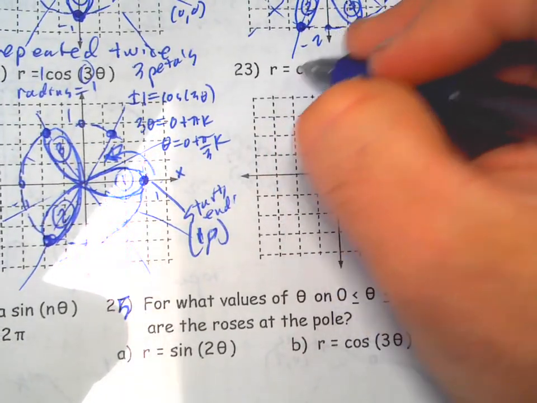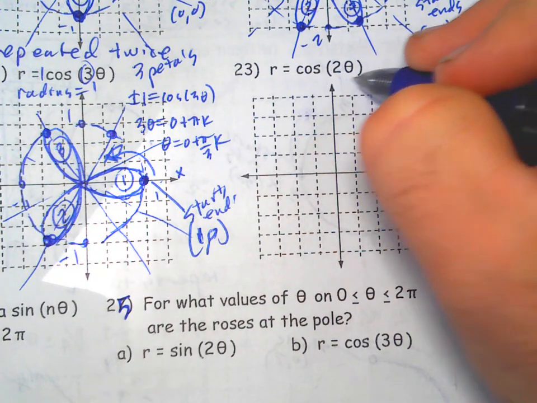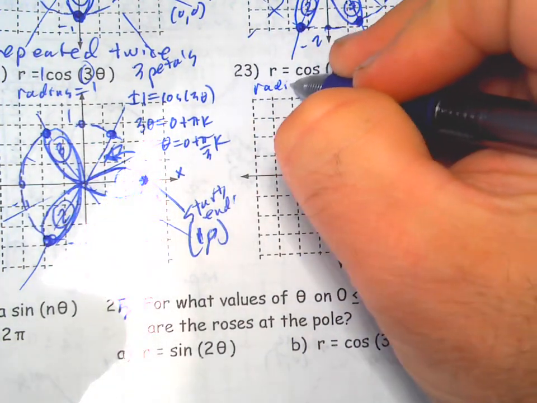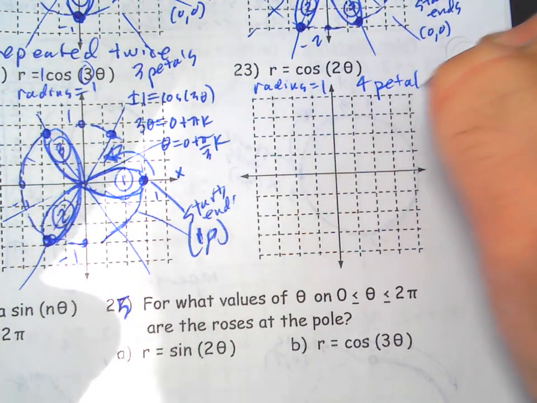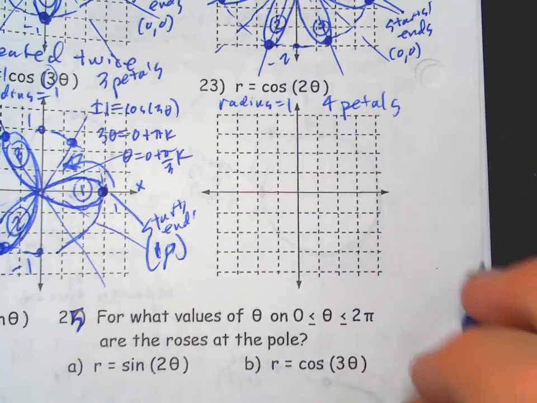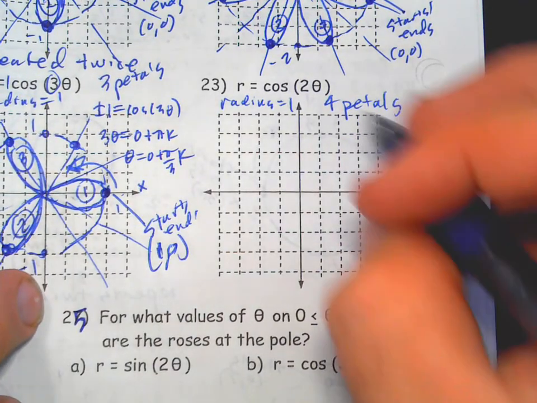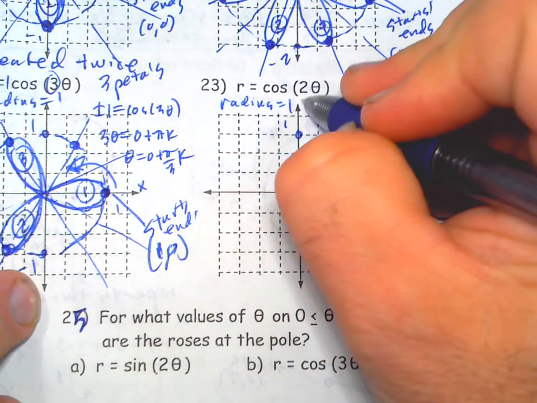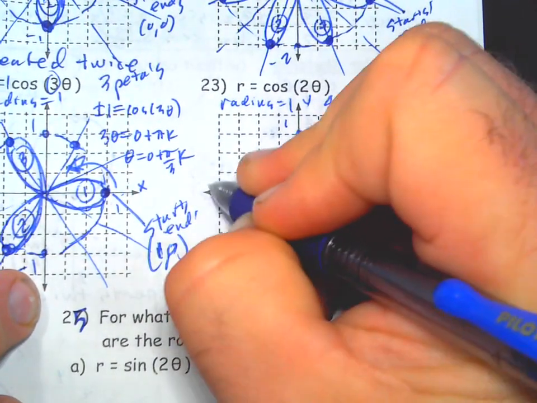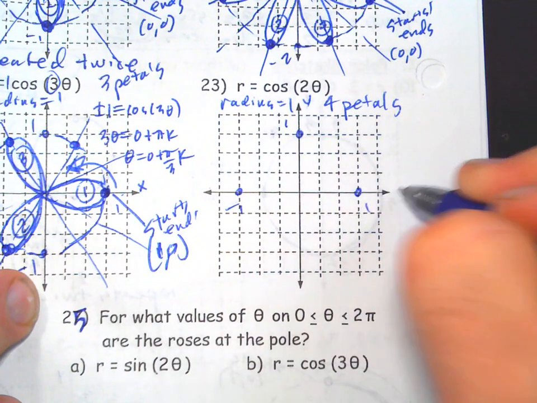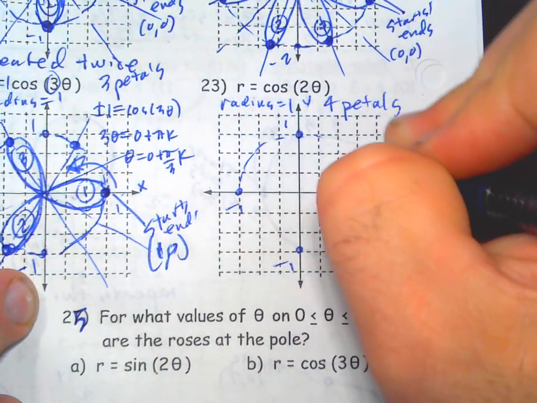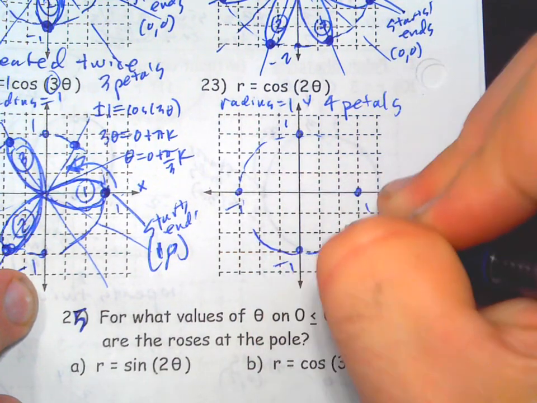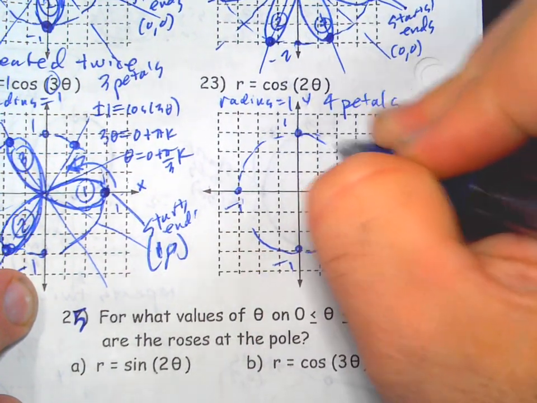Okay, do one more. This is going to have a radius of 1. It's going to have 4 petals. It's going to look left to right, horizontal orientation. So we could sketch the radius first with a simple rough light circle that our shape should fit perfectly in.